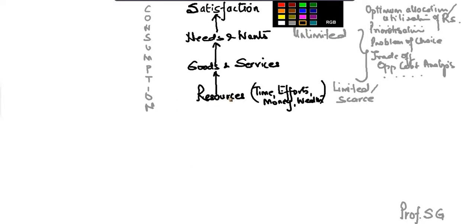That these resources that we have are, as we discussed, limited, while the needs and wants are unlimited. Now if we continue to utilize our resources, though we use them wisely, to buy goods and services that satisfy our needs and wants, these resources might keep getting exhausted.